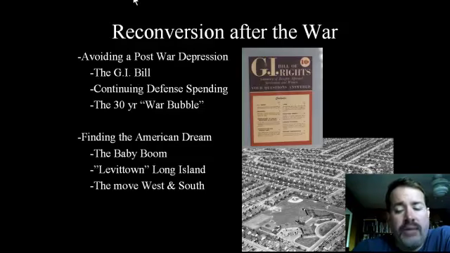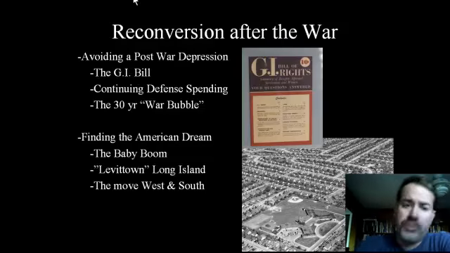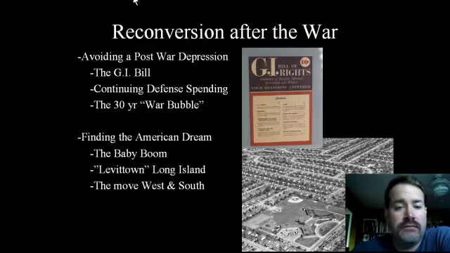Aircraft factories, for example, like Boeing, would continue to produce B-29 Superfortresses, while older B-29 Superfortresses were being flown out to the Arizona and Nevada desert and mothballed. And even older bombers like B-17s and B-24s were being scrapped wholesale and turned into scrap metal.